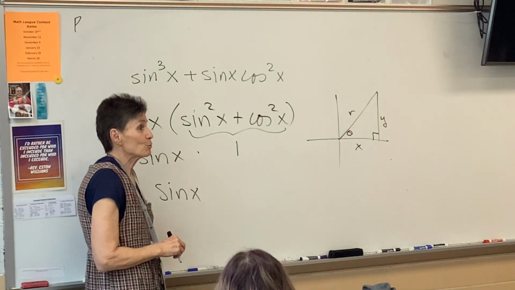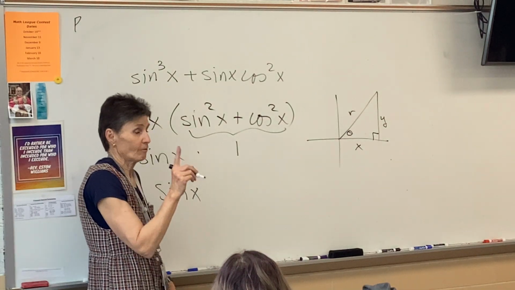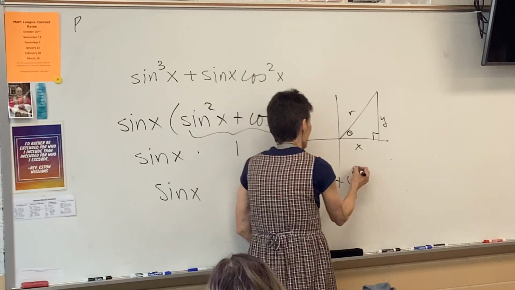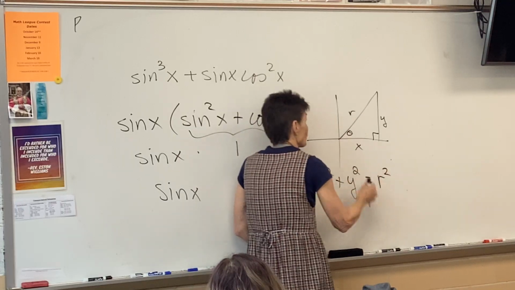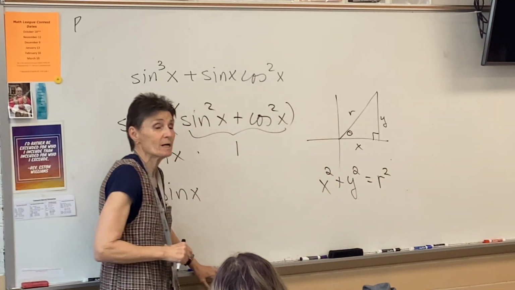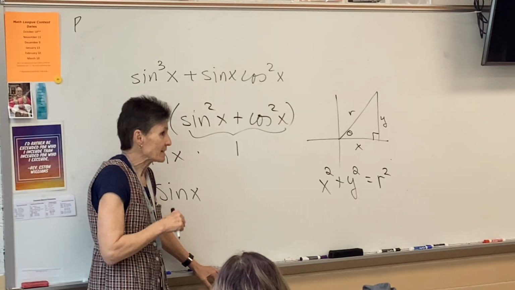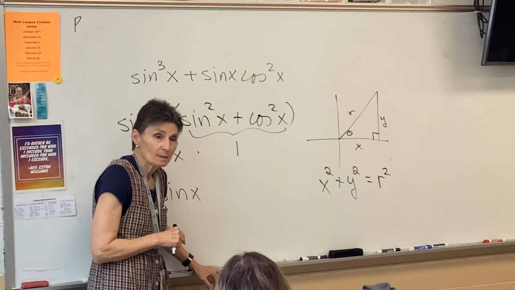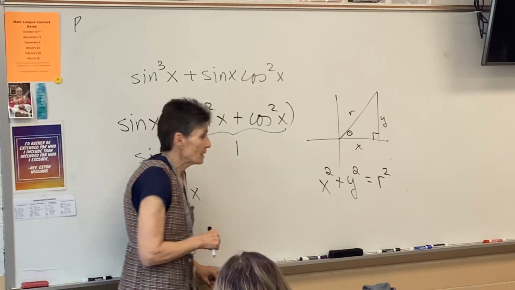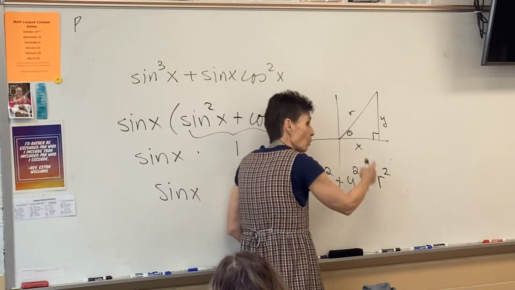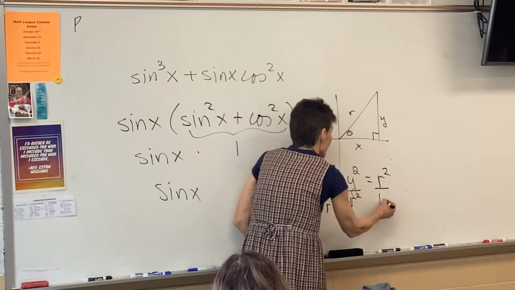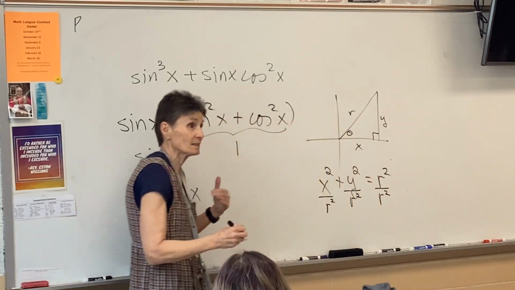Right? Now, do we know for a fact that x squared plus y squared equals r squared in that picture? Do we know that? Because that's the Pythagorean theorem, right? No one's going to argue with that. Now, I'm going to take this equation and divide everything by r squared. That is legal.